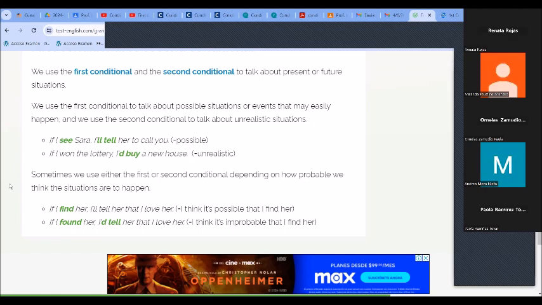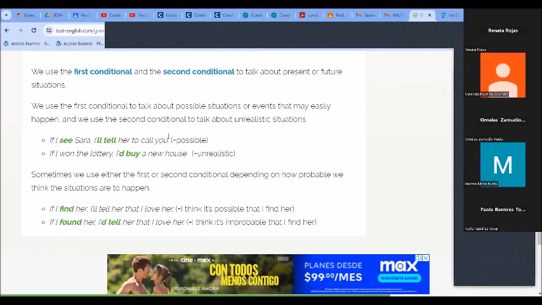Now notice, here we are definitely seeing things as either possible or unrealistic. So you know Sarah. Sarah comes to school with you. So yeah, you can gossip with her and you can share stories with her, or you can give her instructions. So we will use first conditional for this.